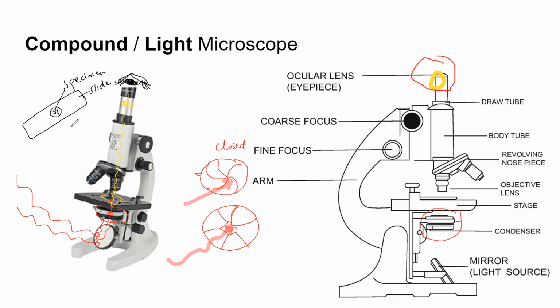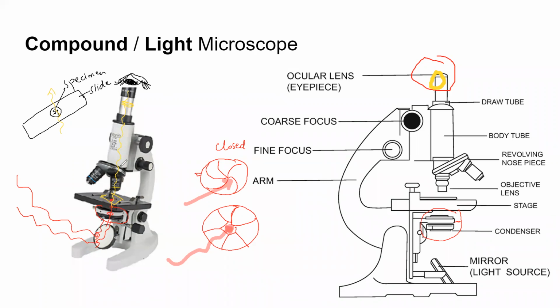Slide is transparent, so light can pass through it easily. Okay, but mirror is not transparent, so light will bounce from the surface of the mirror and enter into the condenser. Similarly, lens is transparent, so rays are going to be refracted.